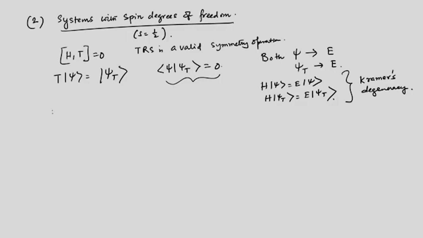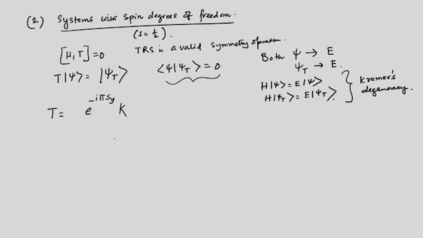Okay. So, the time reversal operator in this particular case has a form which is exponential i pi S_y, where we are talking about spin half. I told you that. So, it has to be a spin half operator, the y component of the spin half operator, and K, which is the complex conjugation.